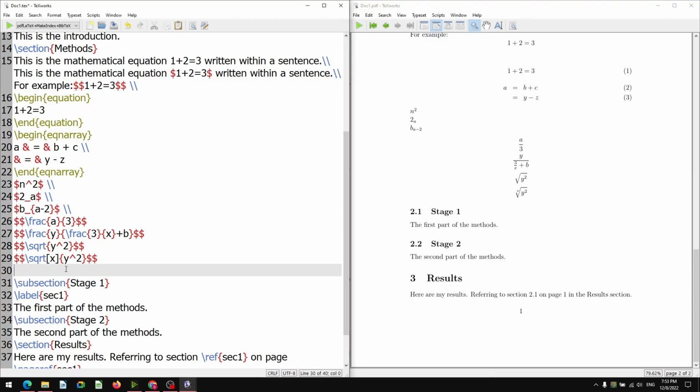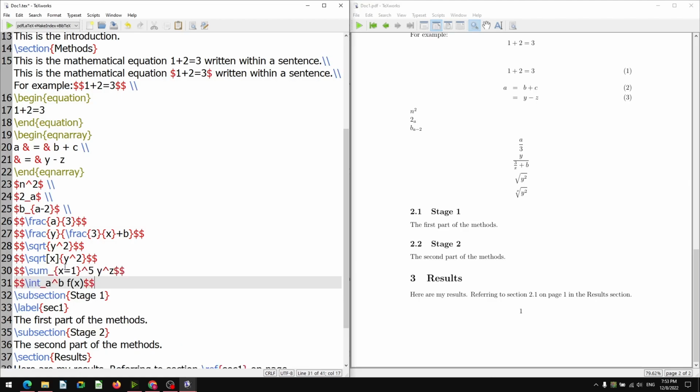Now we'll have the summation and integration equations. For summation as well as integration, on line number 30 the summation code is written, and on line number 31 the integration code is written.